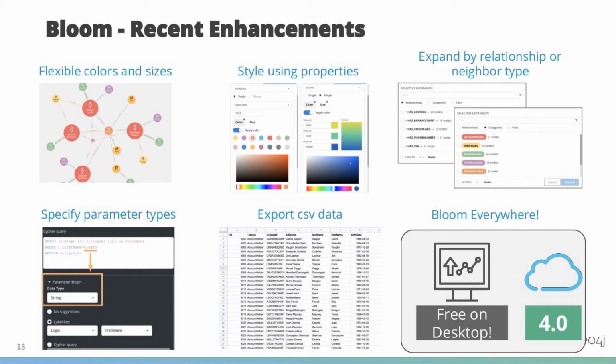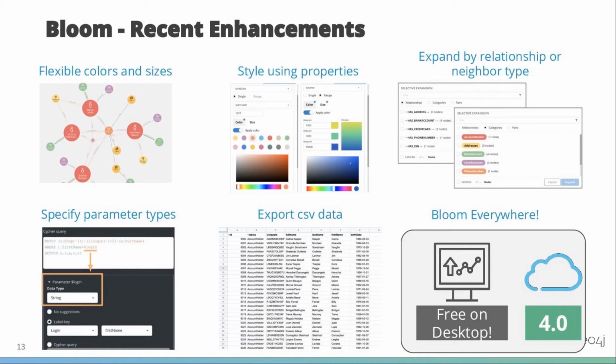That's really valuable, because certainly when it comes to algorithms, you're adding to the graph in terms of these property values, or maybe these relationships, and you want to be able to use that to inform what the visual shows the user. You can expand very selectively now. You can go by relationship, you can go by neighbor type, and I showed a couple of examples of those.